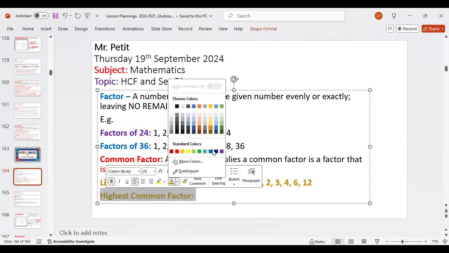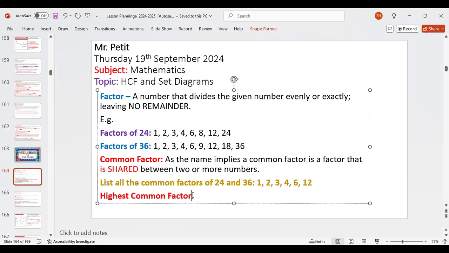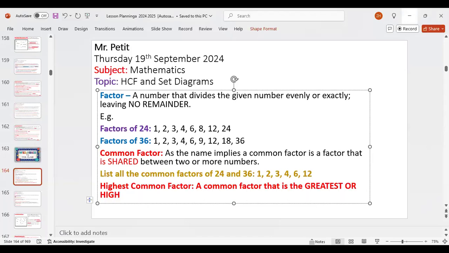So a highest common factor is a common factor that is the greatest or highest of all the common factors.